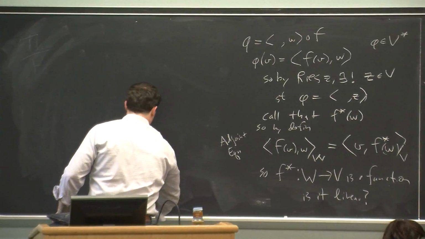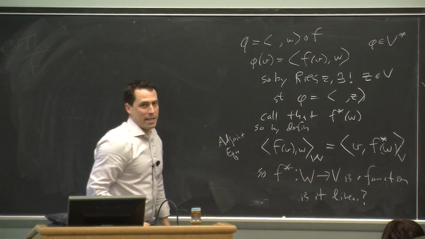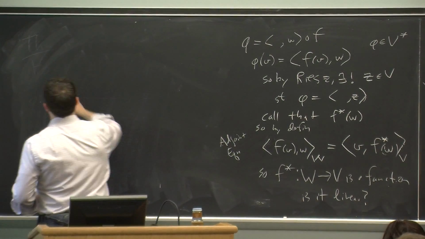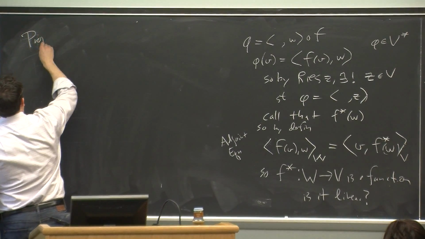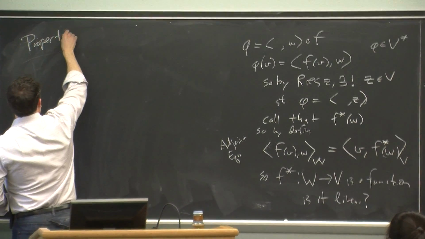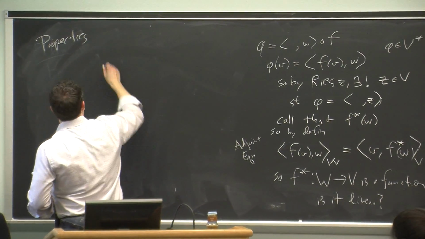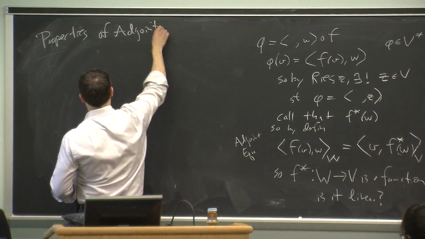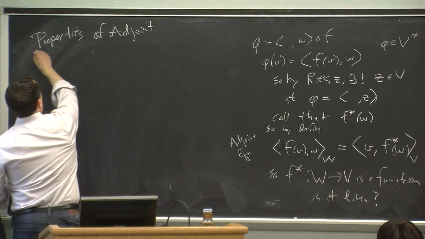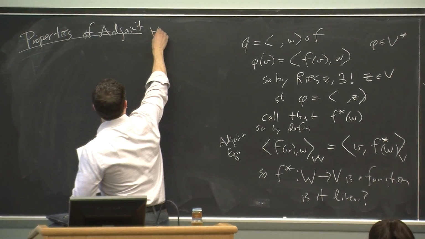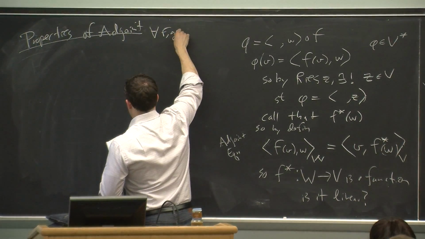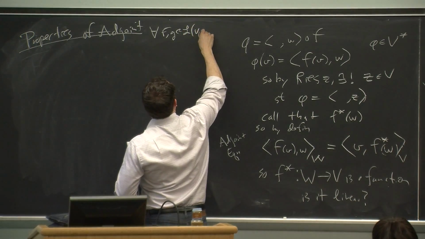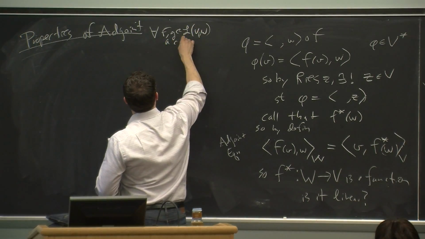Let's talk about some properties of the adjoint. I won't give the proofs of these, but you should check them. Something I might ask you to look at in a quiz. And these are properties quantified over F, G linear maps from V to W, and a field element.